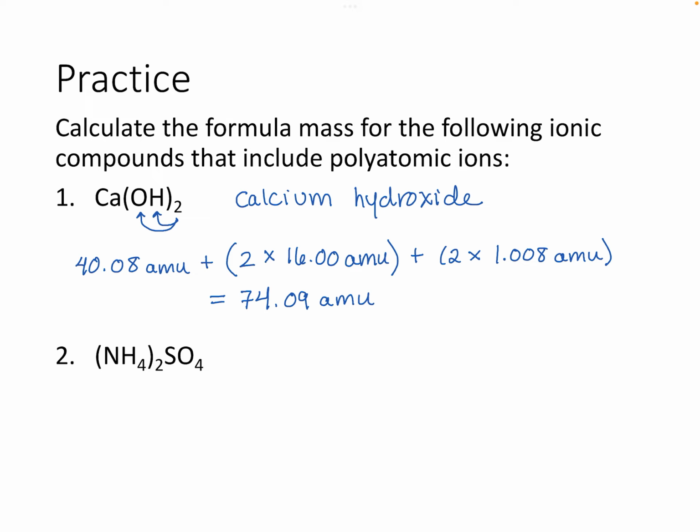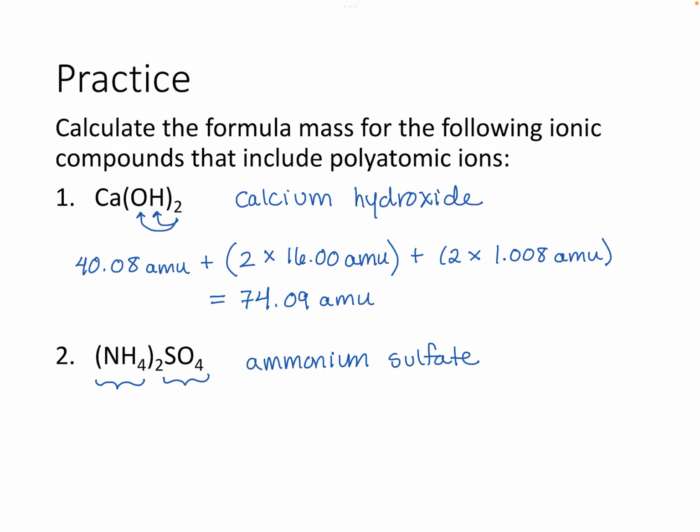Let's look at the next one. This one is called ammonium sulfate. So this first part is the ammonium polyatomic ion. It's the only one that has a positive charge, actually. And then this SO4 is sulfate.